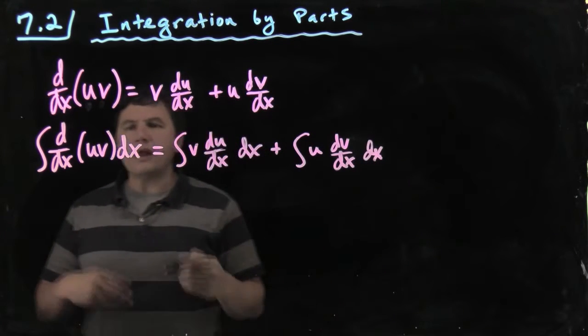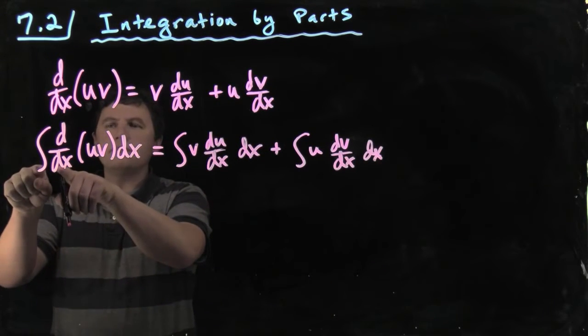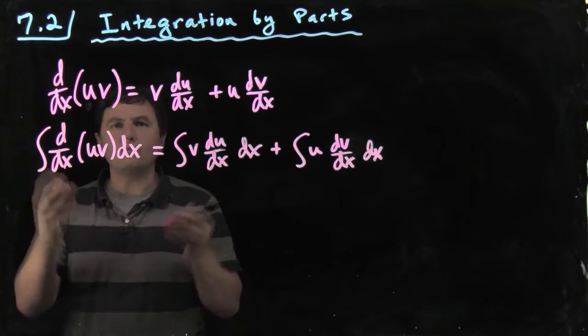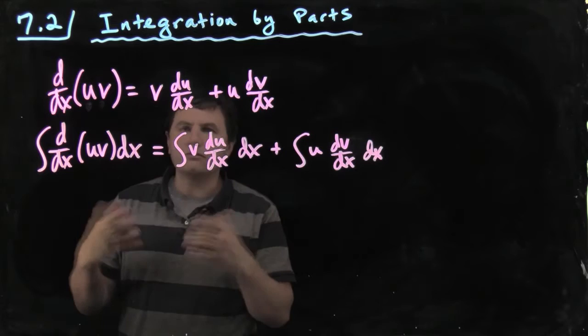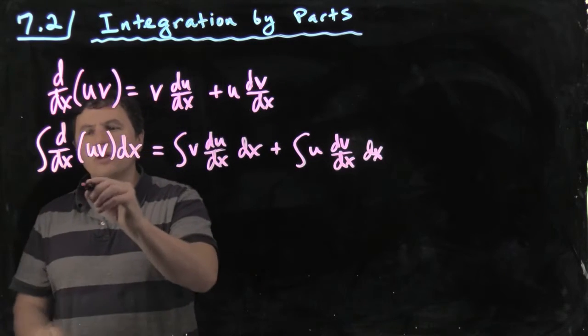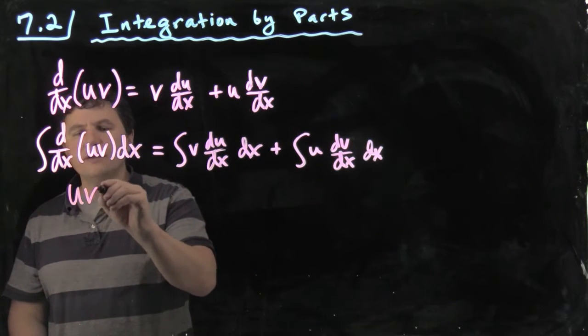Okay, so now what's going to happen here, of course, use the old fundamental theorem of calculus, the integral and the derivative basically undo each other, and what we're left with here is just uv.